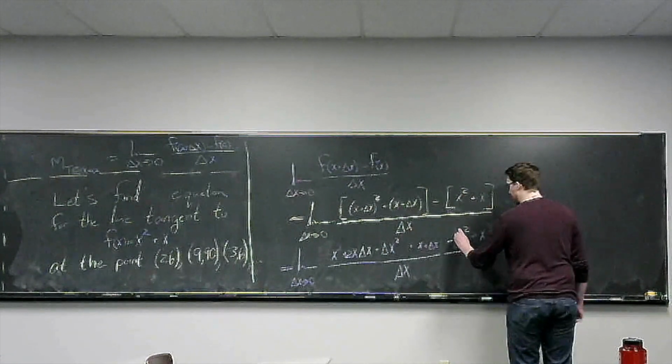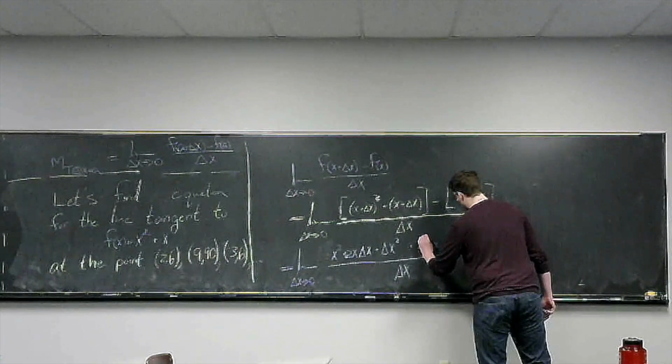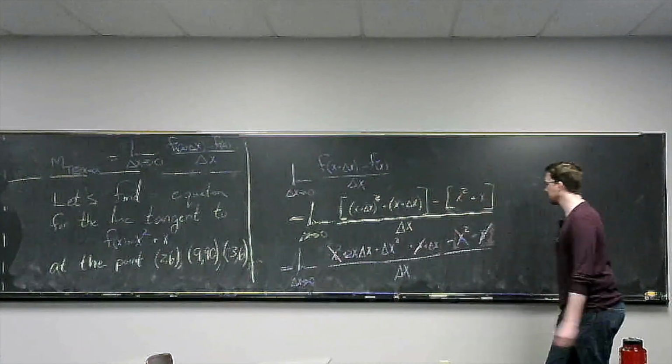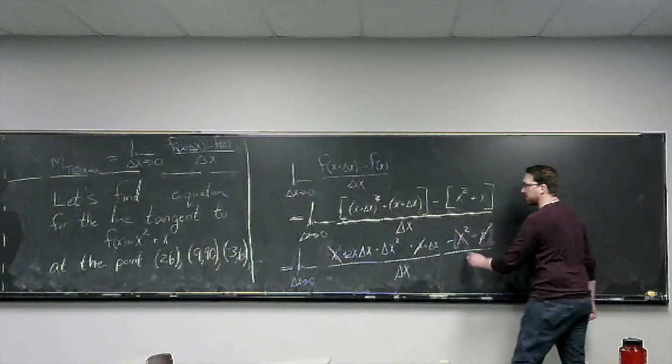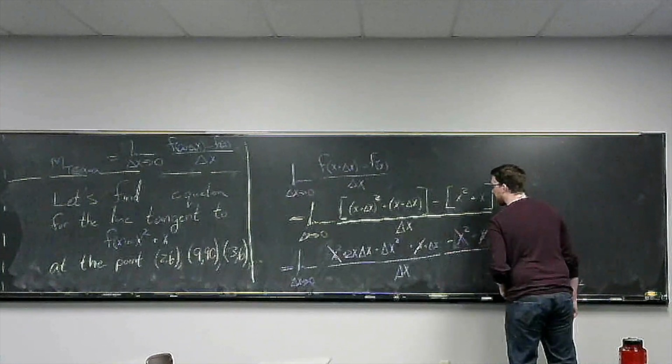We're going to get, like I said, this to cancel and that to cancel with this and with that. So this x squared is canceling with this x squared, and this x is canceling with that x.